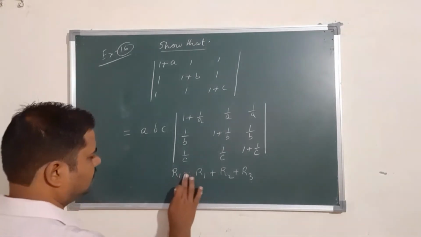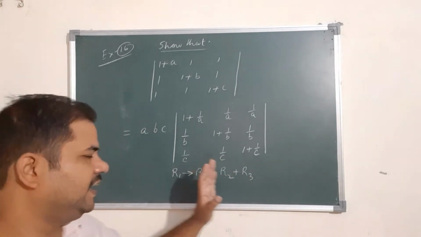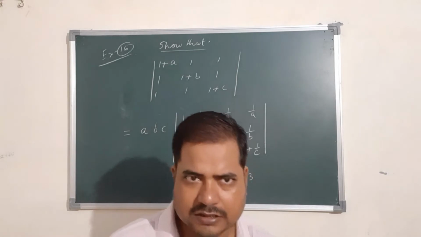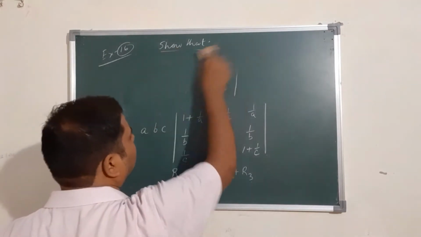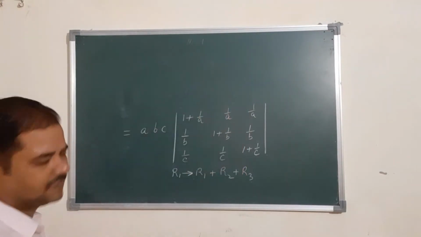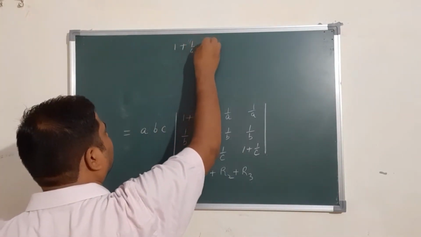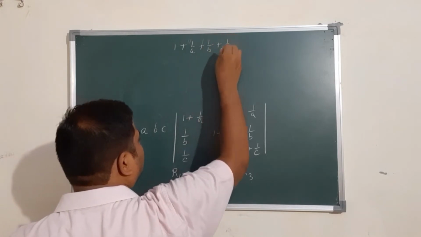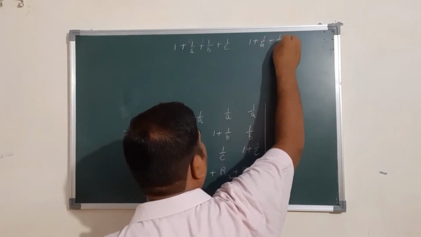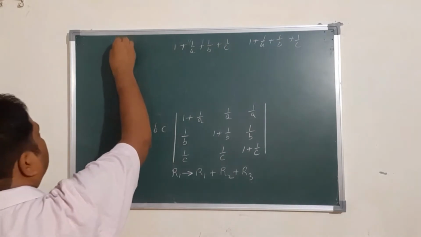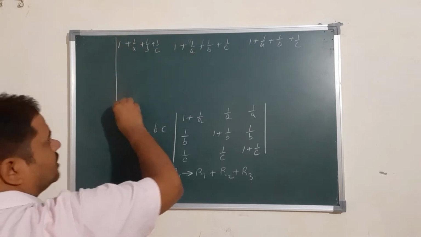R1 tends to R1 plus R2 plus R3. That means R1 is replaced by R1 plus R2 plus R3. We will get 1 plus 1 upon a plus 1 upon b plus 1 upon c in every entry of the first row, so this is the determinant.